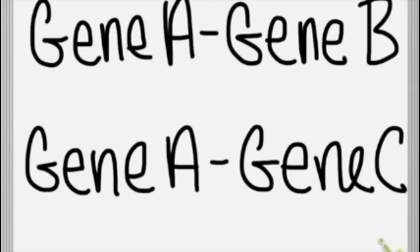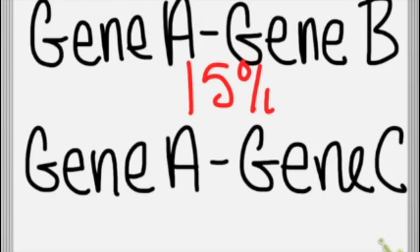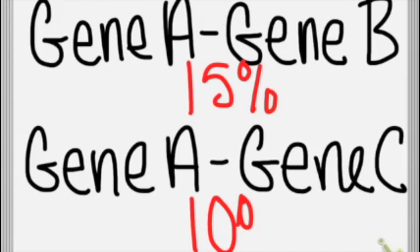Let's look at a quick example to help understand this concept better. If the recombination frequency between gene A and gene B is 15%, and the recombination frequency between gene A and gene C is 10%, what are some possible linear orders of these three genes along a chromosome?